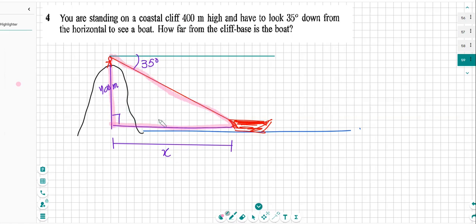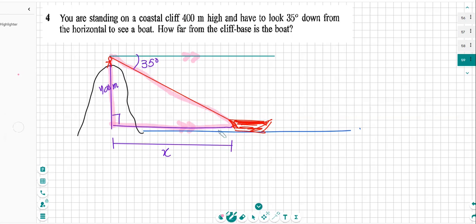In which we have one length. What is the angle of this right angle triangle? Because we need at least one angle to find the length of this, right? Yeah. So you can see these lines are parallel. So parallel means if it is 35, this should be 35 as well. Why?